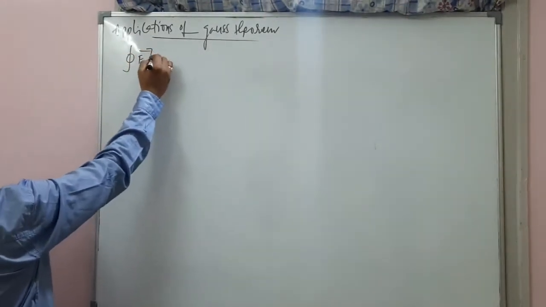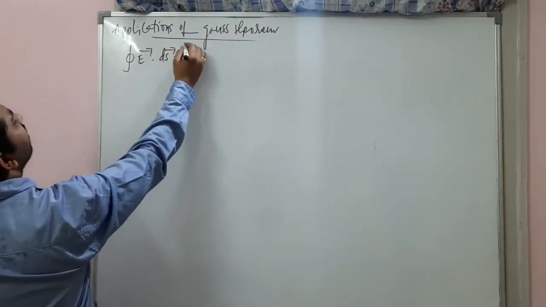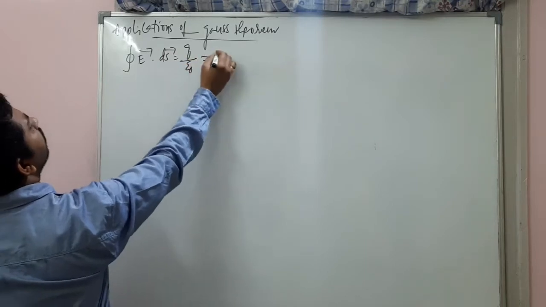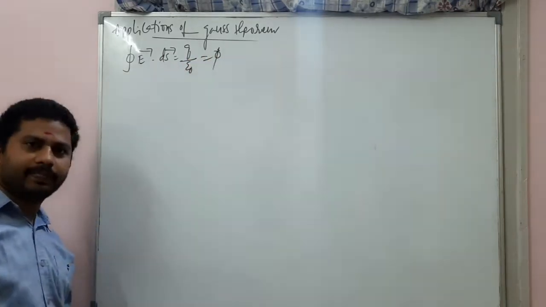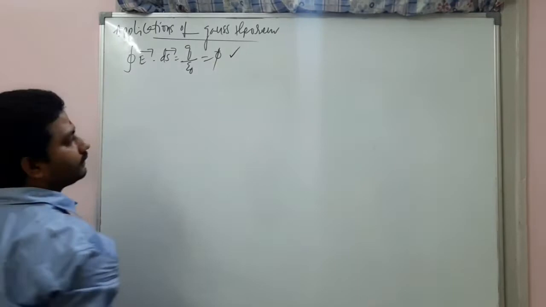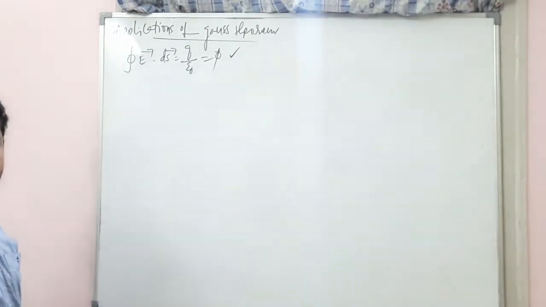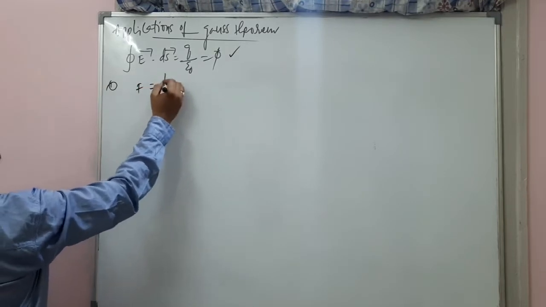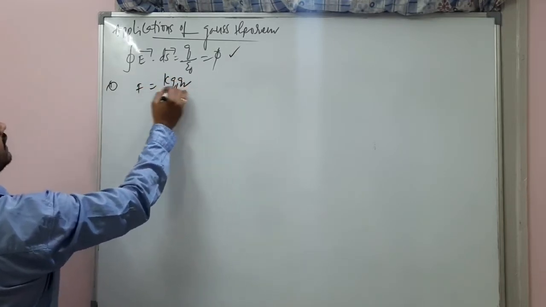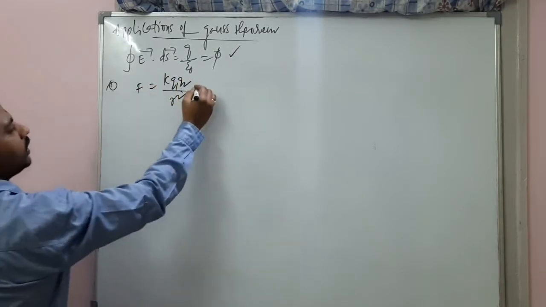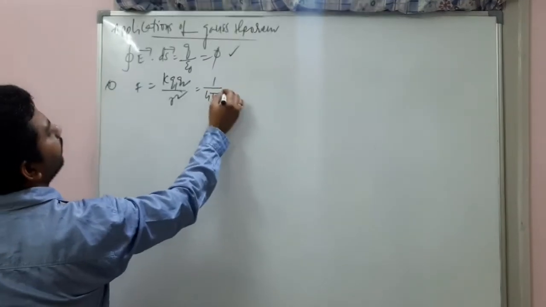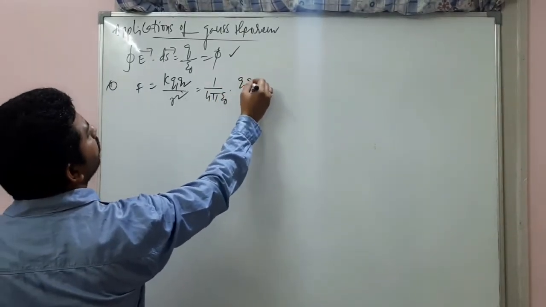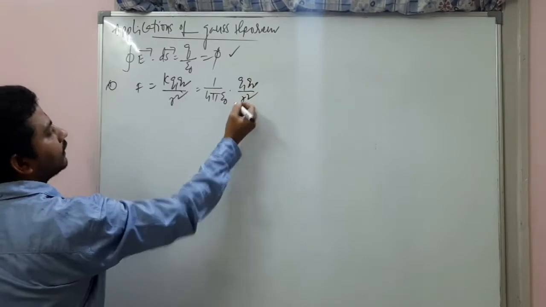Closed integral E bar dot dS bar is equal to Q by epsilon naught, which is equal to phi. This is the Gauss theorem here. Number one, by using the Gauss theorem, you can find Coulomb's law, which is 1 by 4 pi epsilon naught into Q1 Q2 by r square.